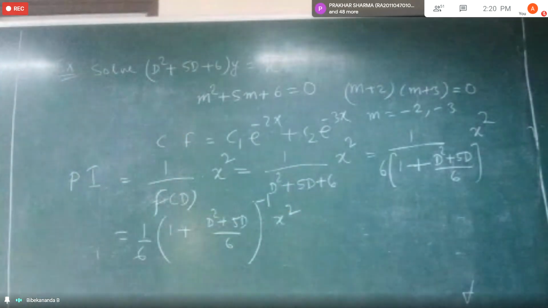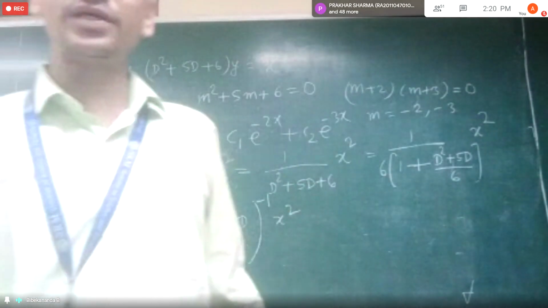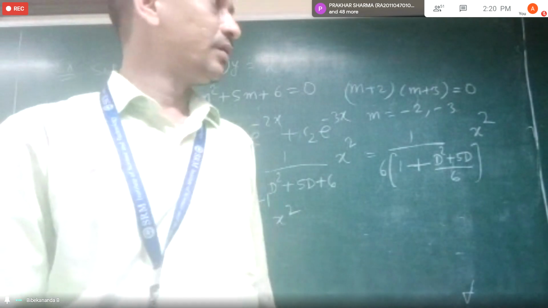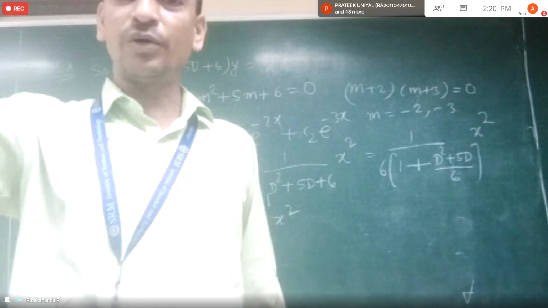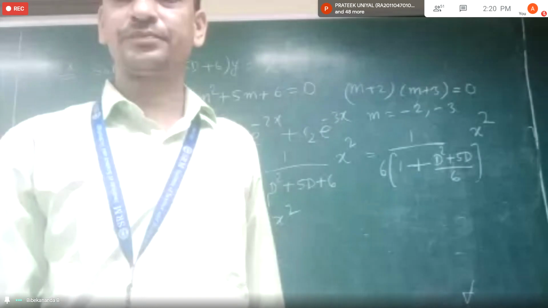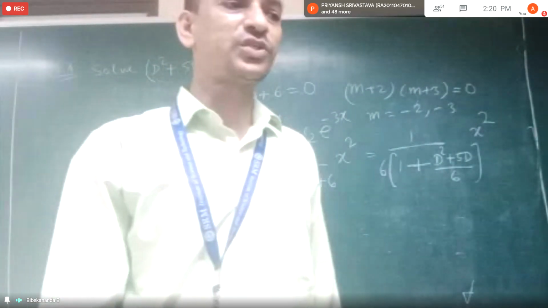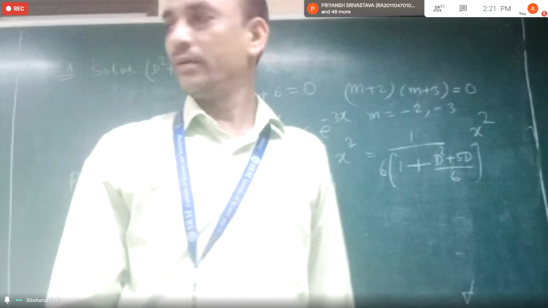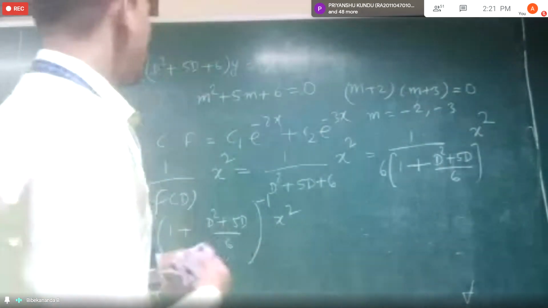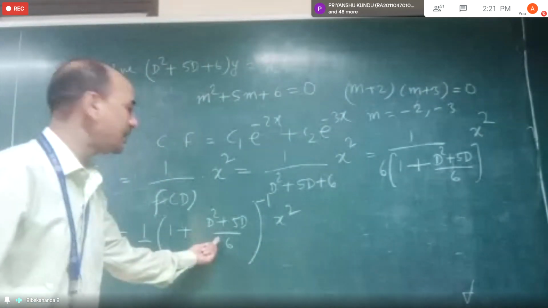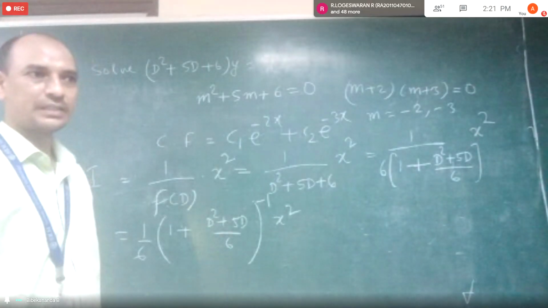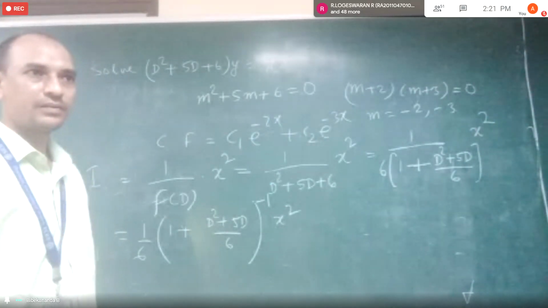Which formula will we use here? Among the 4 formulas, which one is useful here? First one, 1 plus x to the power minus 1. So in place of x, what do you have here? D square plus 5D by 6.